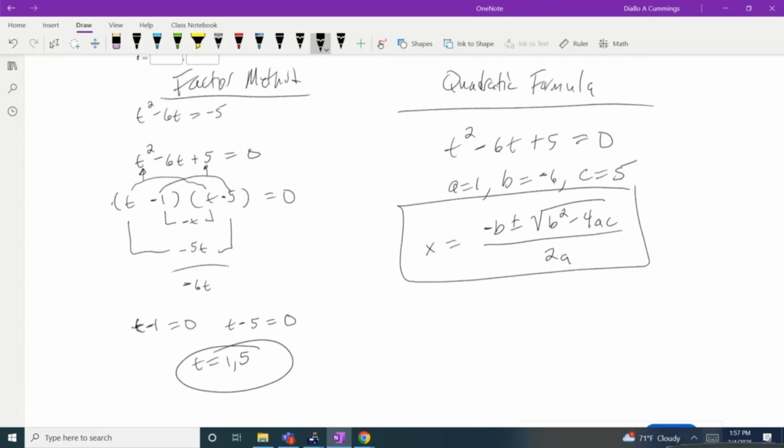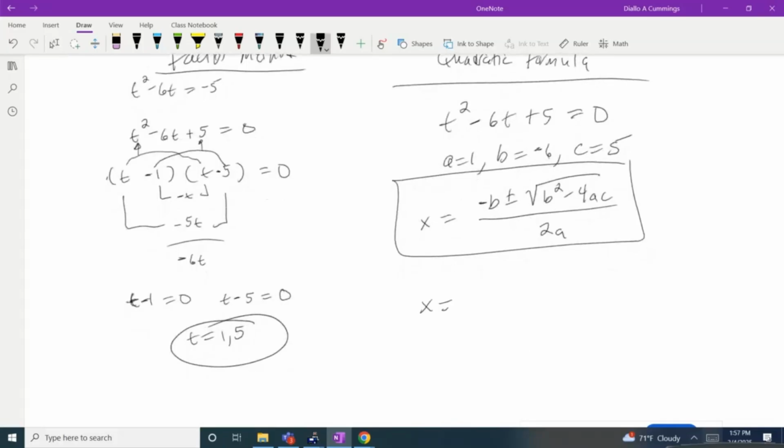So once we substitute our values in, a negative times a negative 6 is positive 6, plus or minus the square root of negative 6 squared minus 4 times a times c, all over 2a. So I just substituted a for 1, b for negative 6, and c for 5.